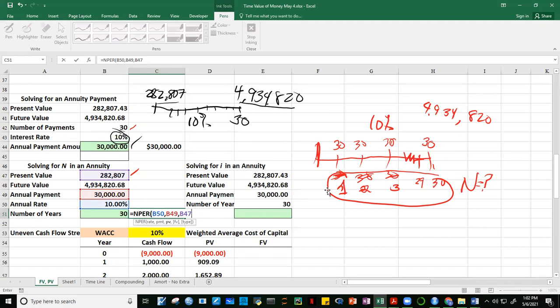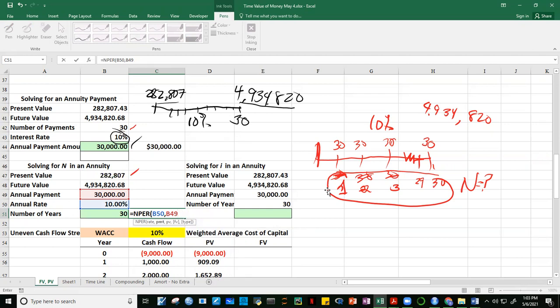Ang cash flow lang natin talaga, 30,000, which is equivalent to 282,000. Or 30,000, which is equivalent to yung 493,420. So kung gagamitin natin yung present value, wag na natin gagamitin yung future value sa equivalence. Otherwise, magkakamali talaga yung answer natin. Balikan ko ito.